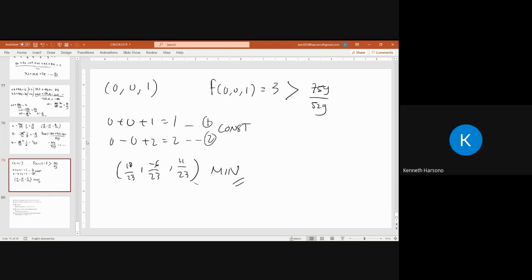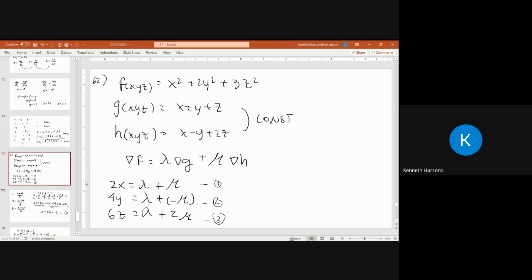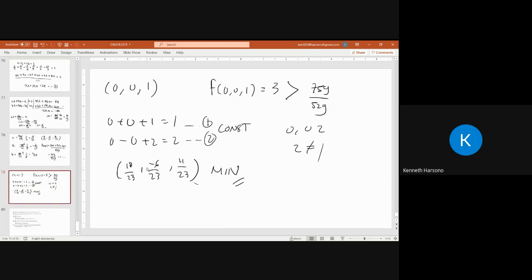If you put 0, 0, 2, then the first constraint is 2, which is not equal to 1. So you have to find a point that satisfies both of the constraints to check it.